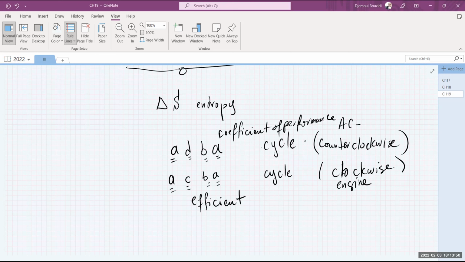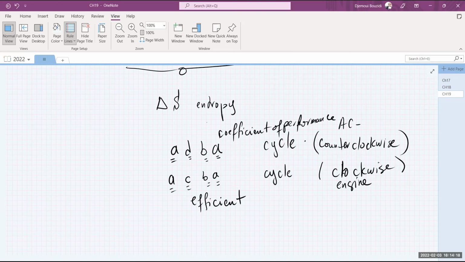So in this case, how well it's doing answers the question of how efficient it is if it's an engine, or what is its coefficient of performance if it's a heat pump, okay? This is just to put you in perspective so that you see where these problems stand in terms of the overall picture. These are the questions that you're going to be asked to do, okay?